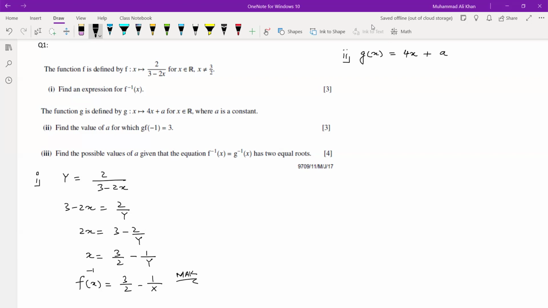Find the value of a for which gf minus 1 equals to 3.